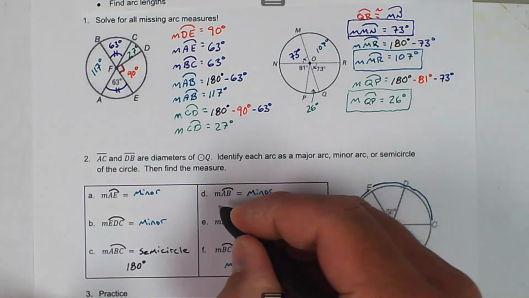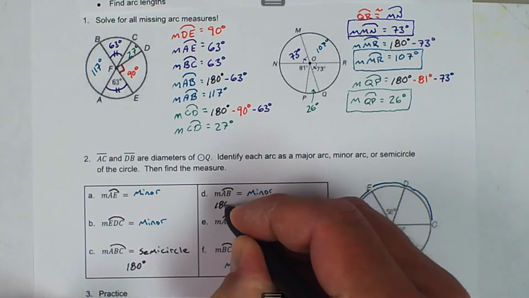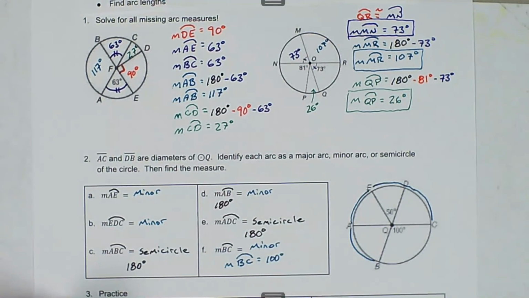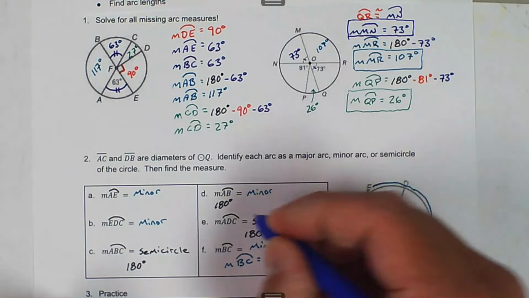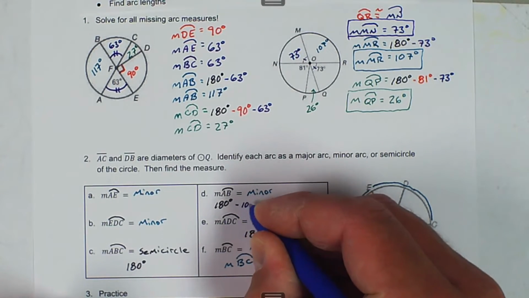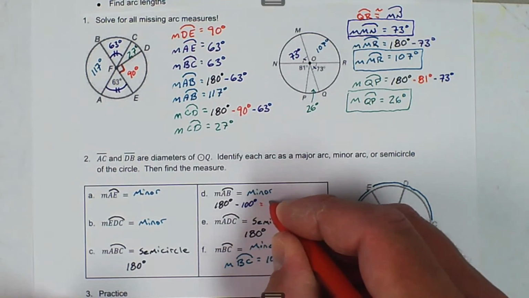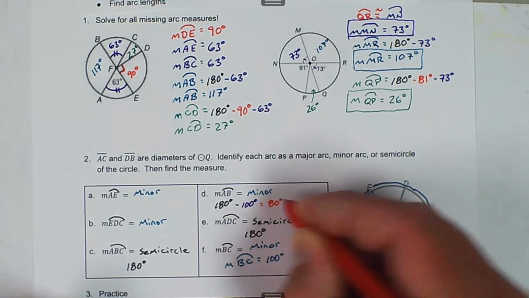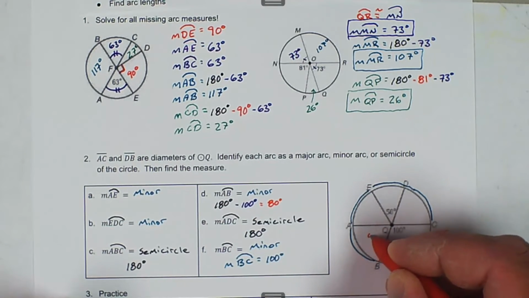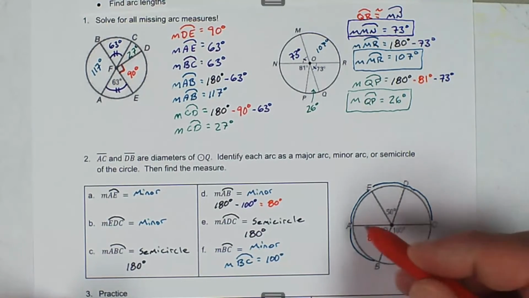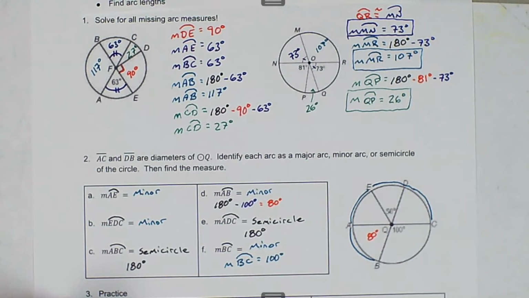So we can say 180 degrees minus 100. So that tells us that we have a measurement of 80 degrees. So we have a measurement of 80 degrees for AB.